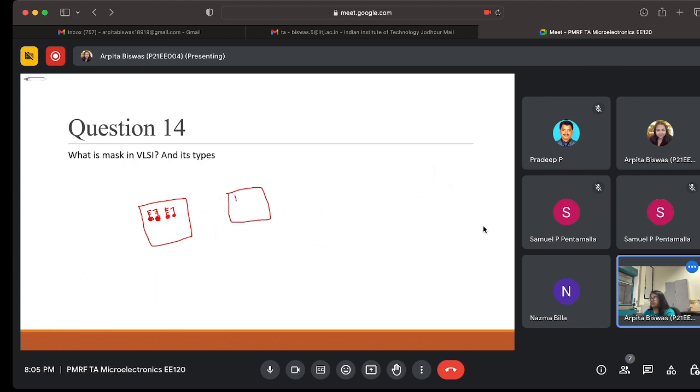Here only that portion, like there is a structure you can see, and the remaining portion is black. Only the portion we want to pattern is different, and here the opaque portion is the red color, and this is the transparent. So which one is the bright field mask, and which one is the dark field mask?